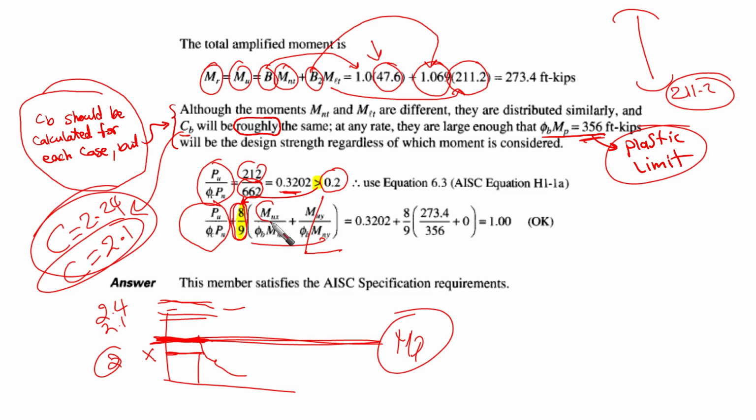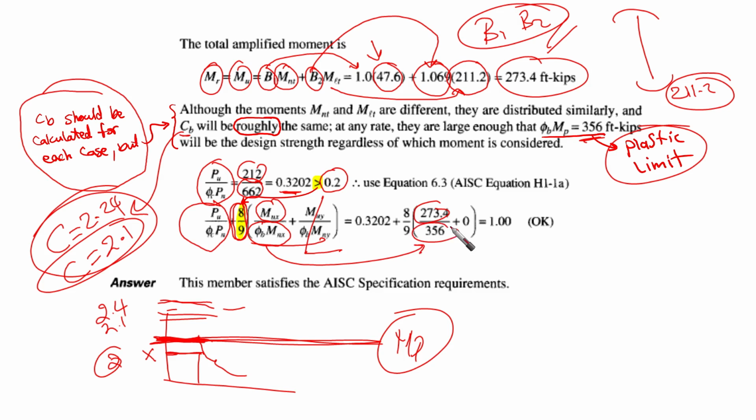We have only M ultimate, the augmented one, after using B1 and B2. And here phi B MNX is already 356 from the beam charts. Then we found that all of this equals 1, which is okay. It should not exceed 1. This member satisfies the AISC specification requirements.